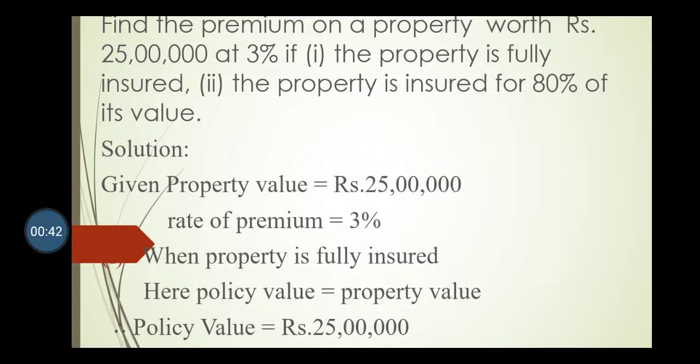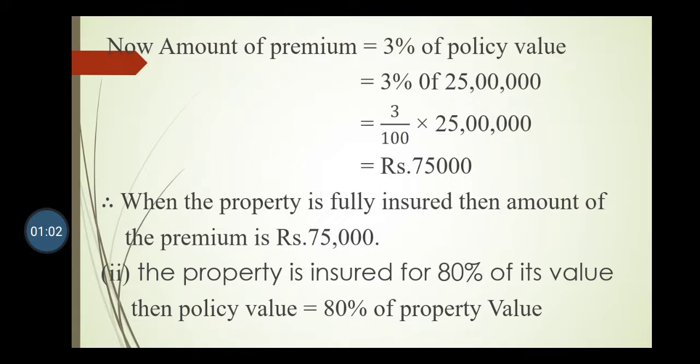In this question, it is given that property value equals 25 lakh, rate of premium equals 3%. When property is fully insured, that means policy value equals property value. So the policy value will become 25 lakh.